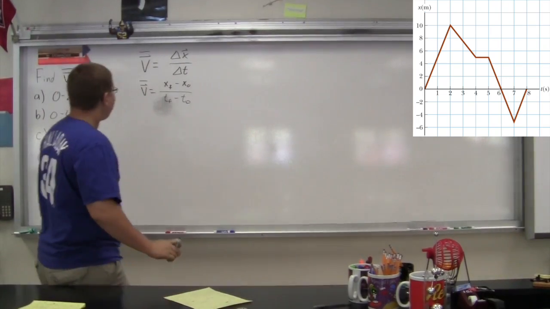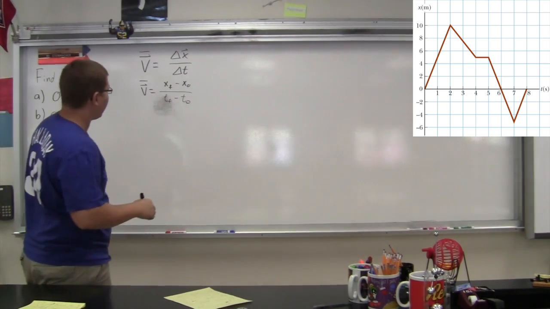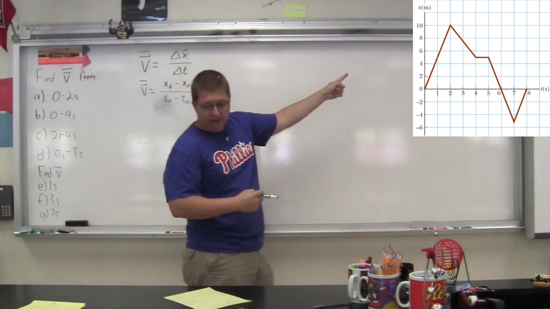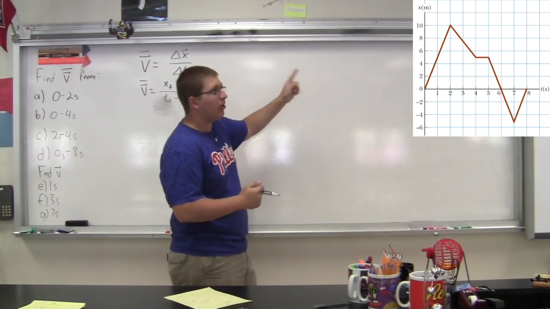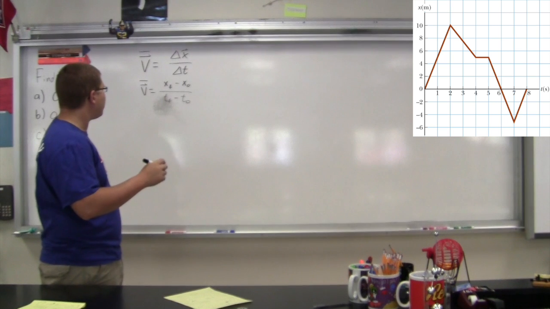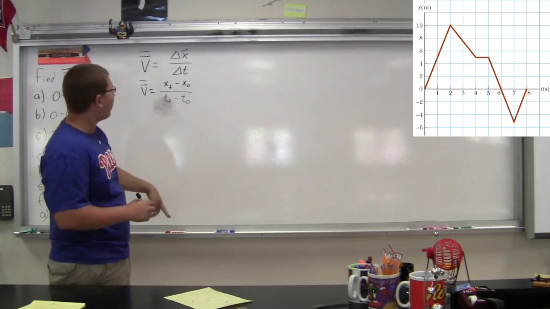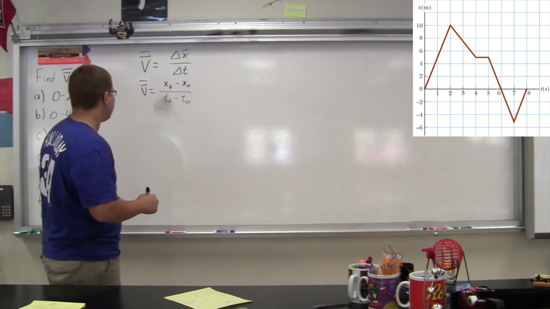So we're going to start with finding the average velocity from 0 seconds to 2 seconds. If you look at the graph that should be up at the top right corner of your screen, you'll see that from 0 to 2, it went from position 0 to position 10.